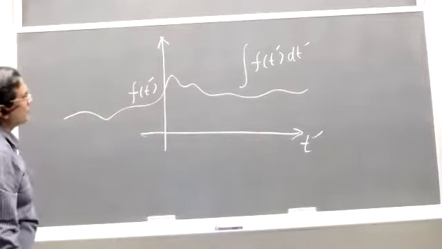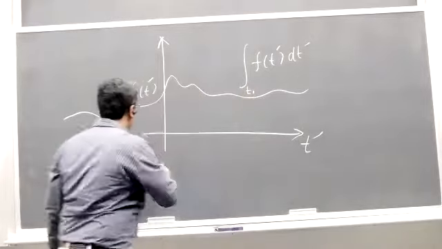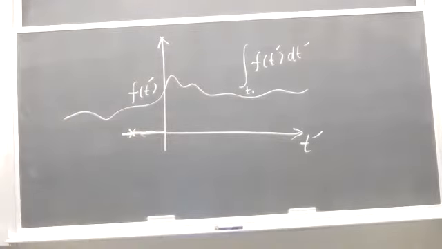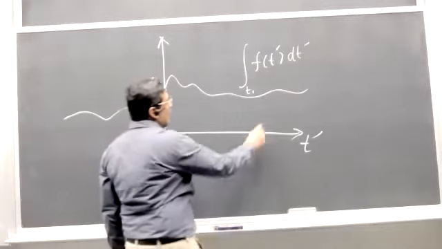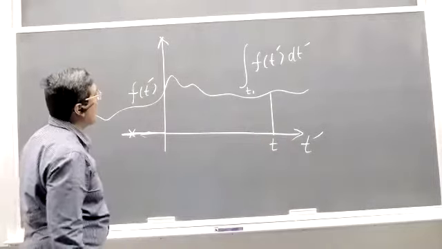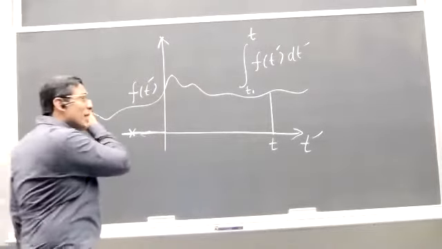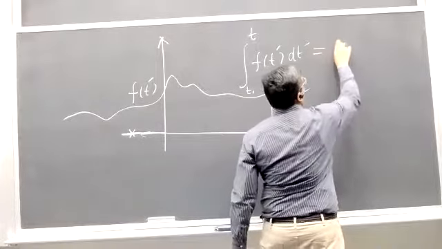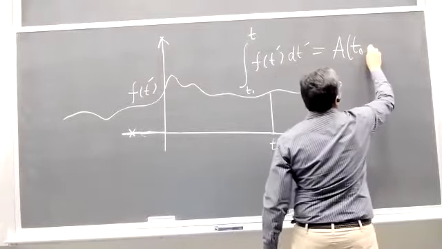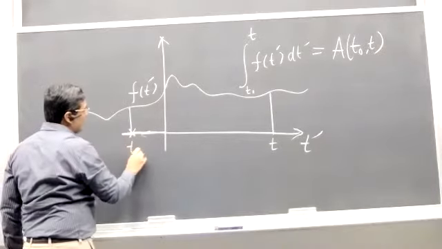let's say this is the function, ठीक है। तो अब मैं कह रहा हूँ कि मैं किसी starting point से इसकी integration शुरू कर रहा हूँ t naught से, वो इस axis पे कहीं भी हो सकता है, ठीक है। तो और किसी undefined destination तक integration कर रहा हूँ t तक, ठीक है, t naught से t तक, ठीक है। तो अब जो मेरा answer आएगा ना, area under the curve, it remains the function of this main variable t, or both variables t naught and t, because both of them are unspecified.